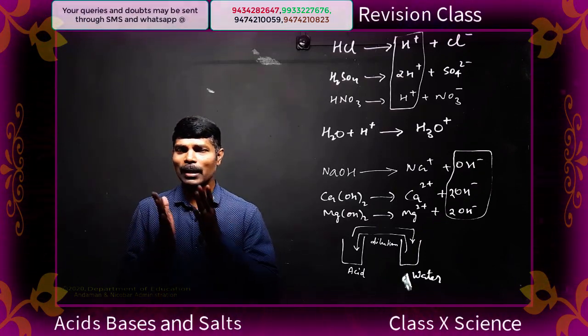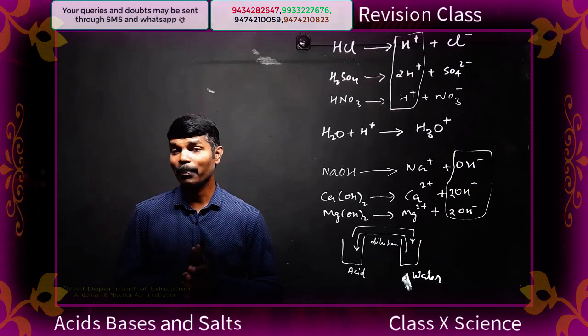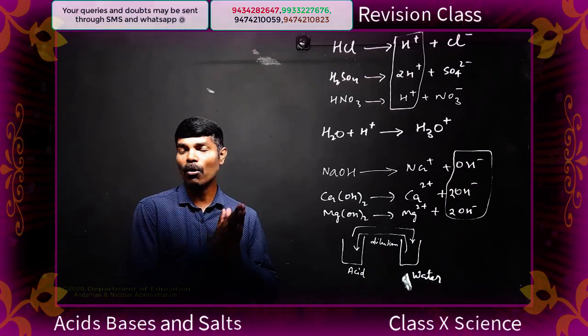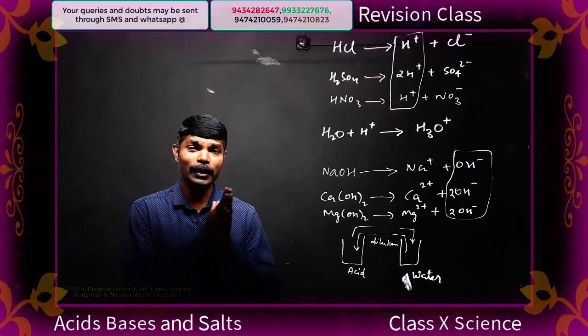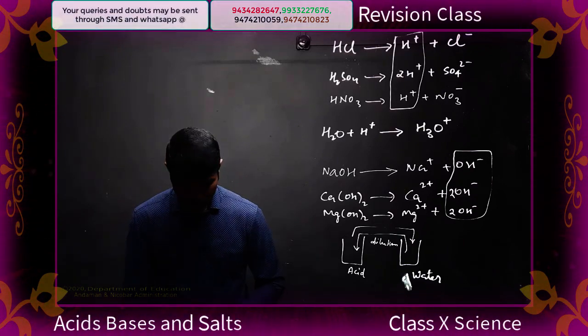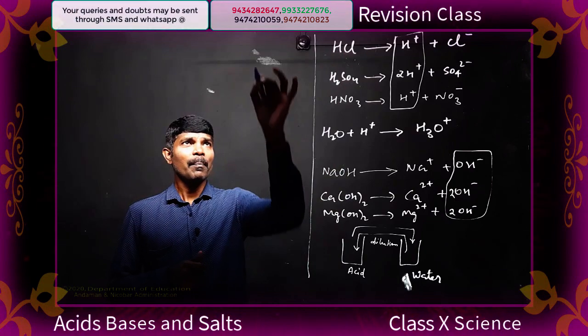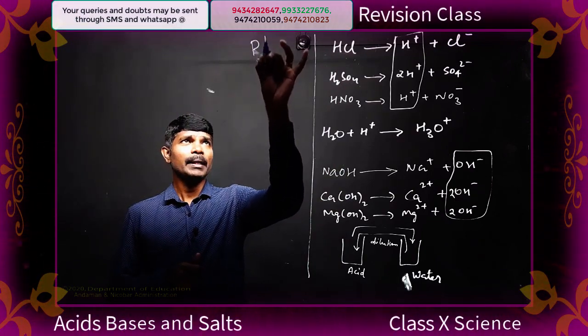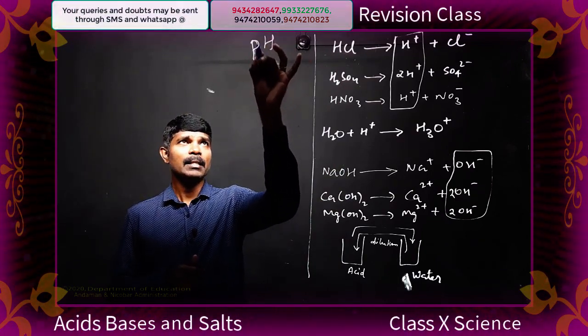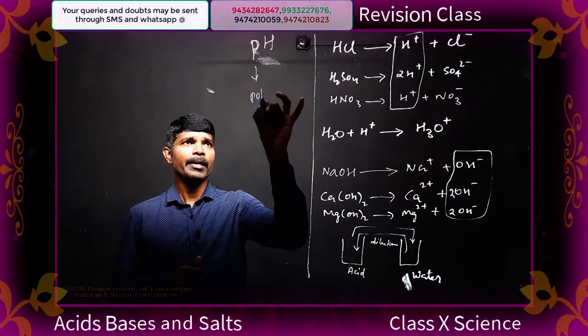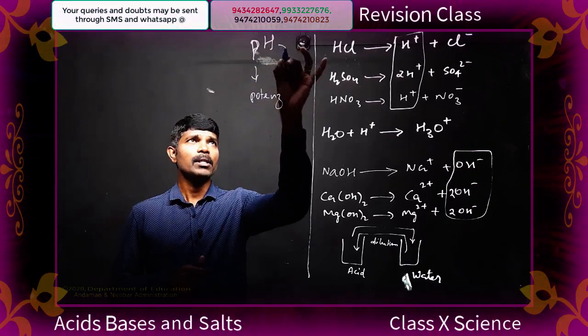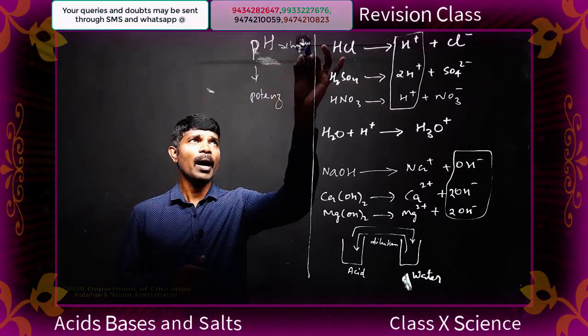So how can we measure the strength of the acid? Dear students, the strength of any acid or base is measured in terms of the concentration of hydrogen ion. The concentration of hydrogen ion can be known by a scale called pH. Here P stands for potence and H is for hydrogen ion.